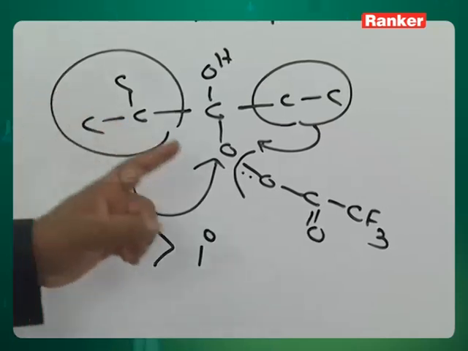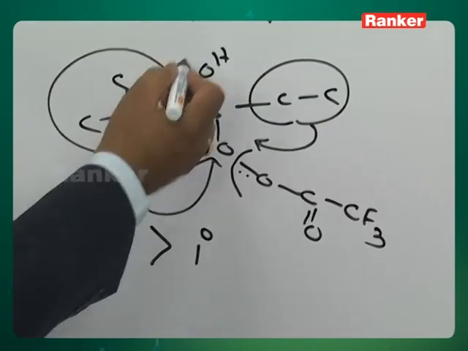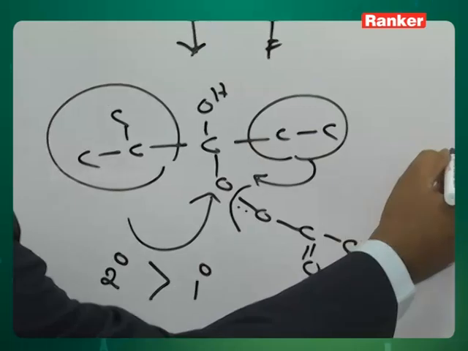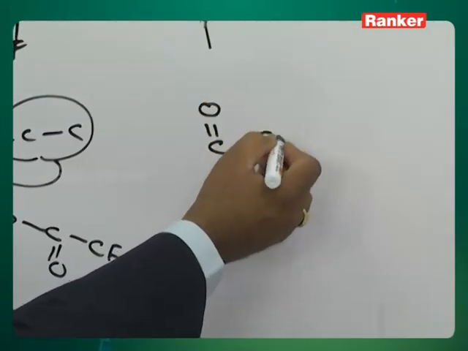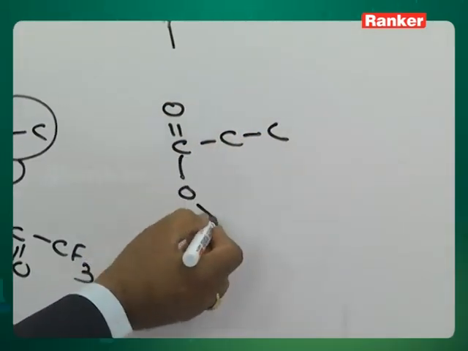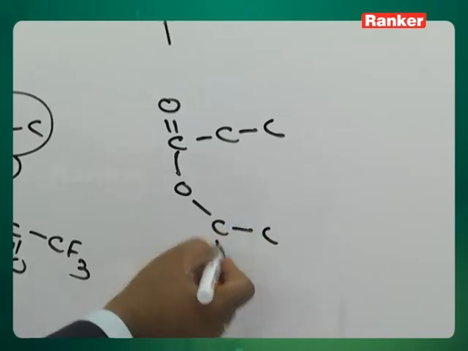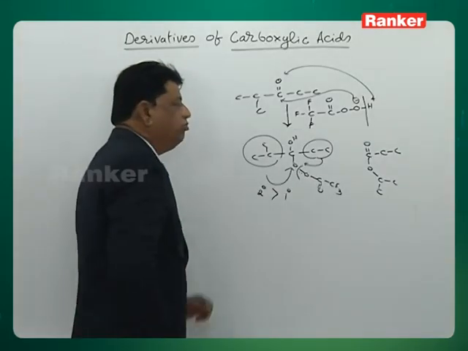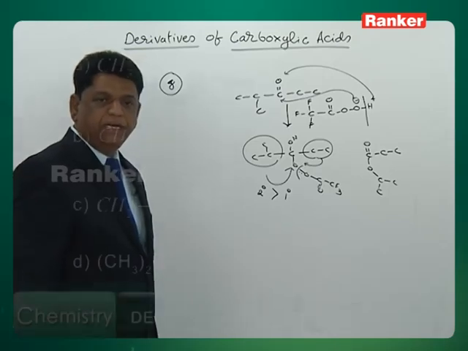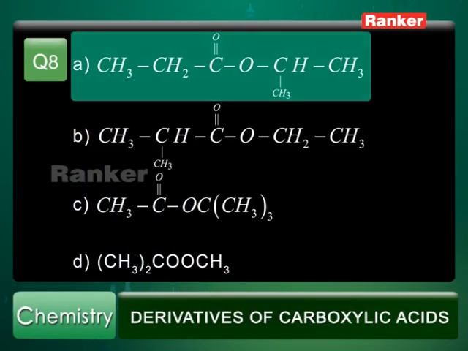Therefore, isopropyl goes onto the oxygen, and later this hydrogen is converted into the ketone. So a ketone with ethyl on one side and O with isopropyl on the other. This is nothing but an ester of propanoic acid, isopropyl propanoate, which is formed. So option A is the right answer.